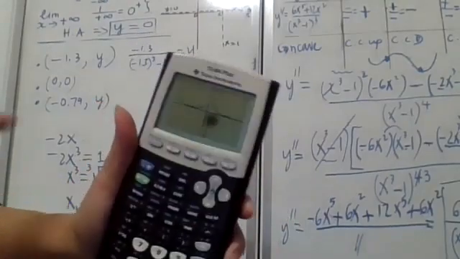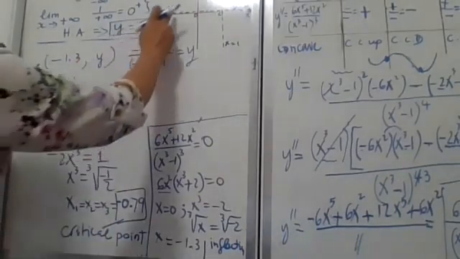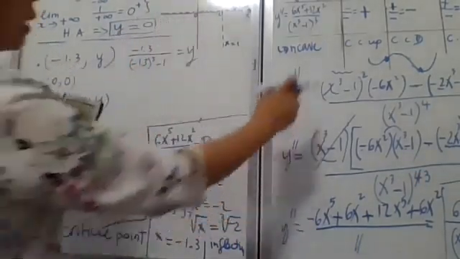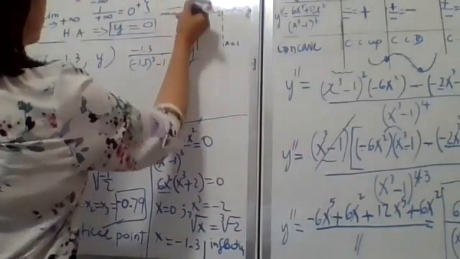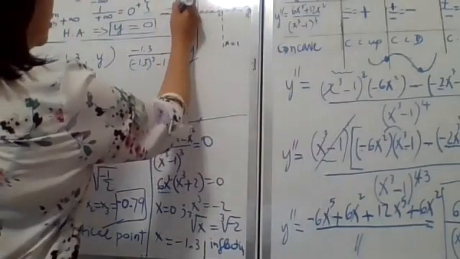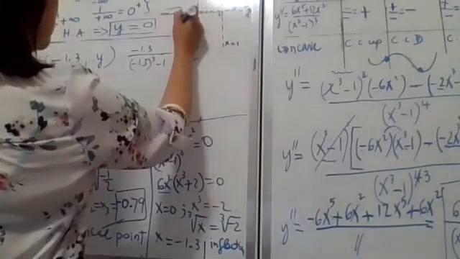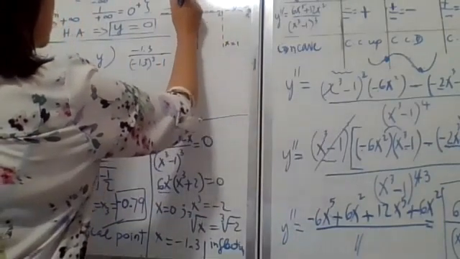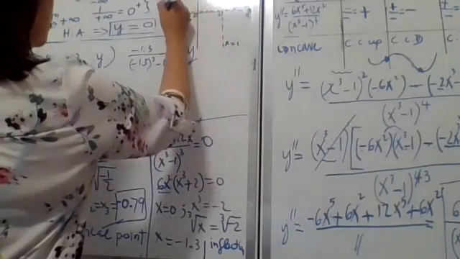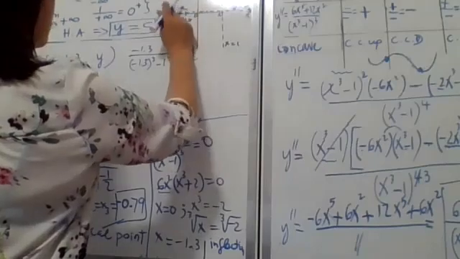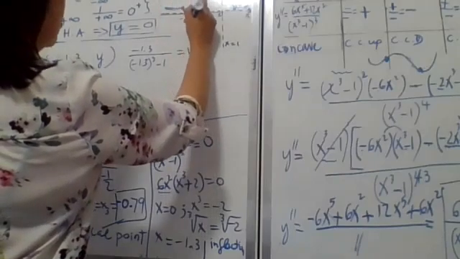Here the function crosses 0, 0, and there's the inflection point and it goes down here. This is concave up, and then at about -0.79, there is the inflection point going on here. So concave up becomes concave down.